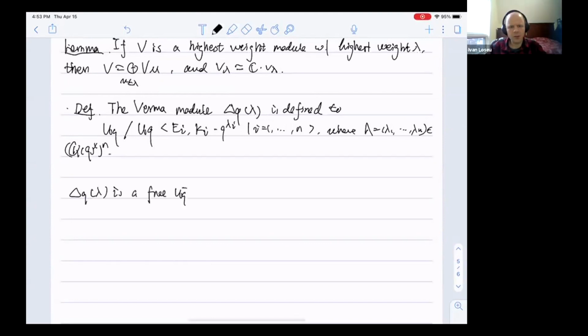Something's wrong. If it's q to the λ_i, then it invites λ_i to be a weight. You can have a Verma module for any n-tuple, you don't need them to be invertible. But here I suggest that λ is a weight. Right, exactly.